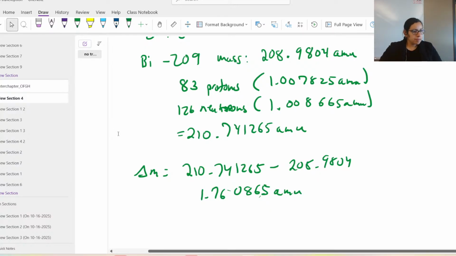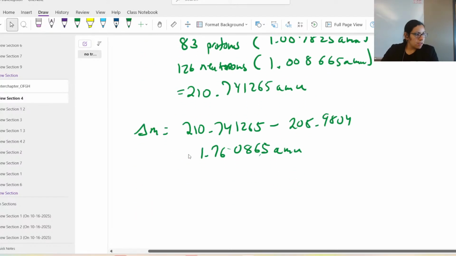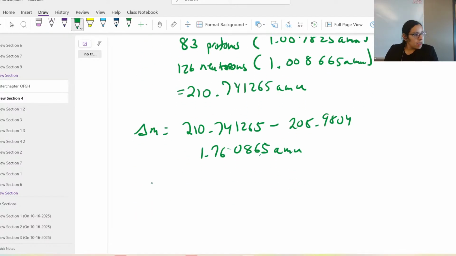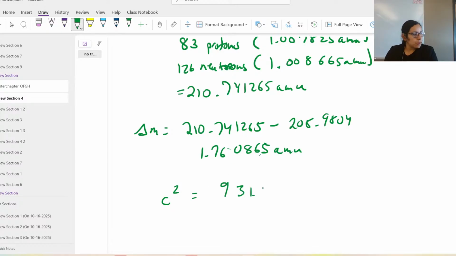And so now I'm going to jump units on you guys. The units that are used, the C squared, becomes 931.5 mega electron volts. So we could go back and derive units later.